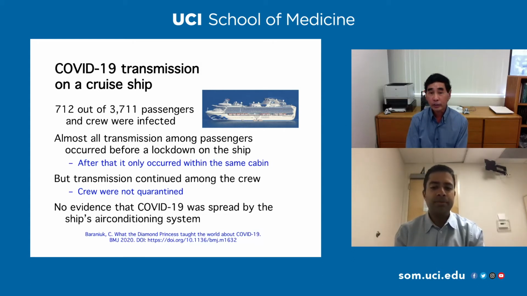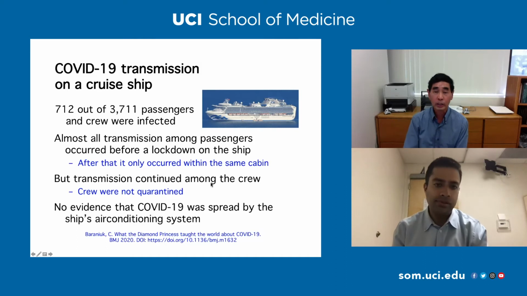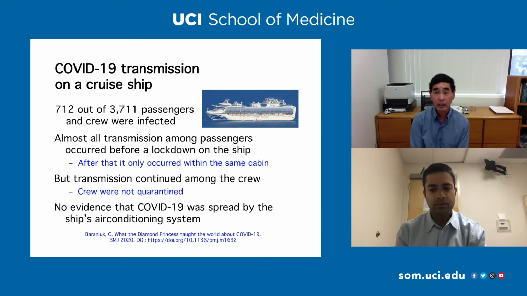And then after they locked down the passengers, there was no more transmission except within the cabin, emphasizing that transmission can occur within the same household. However, they didn't quarantine the crew, and so transmission still occurred among the crew. There was no evidence that COVID-19 was spread by the ship's air conditioning system, so it seems to be, again, direct contact was what led to transmission from one individual to another.